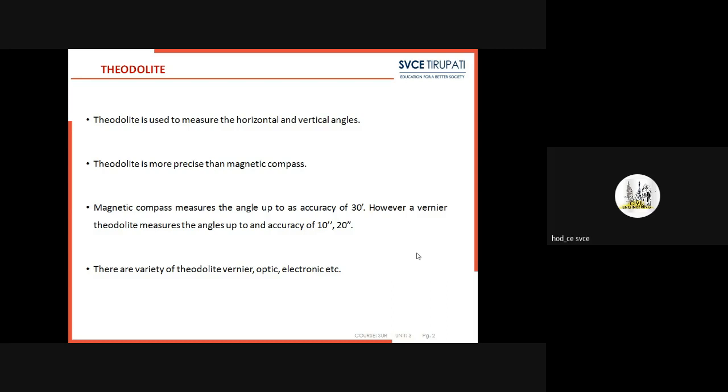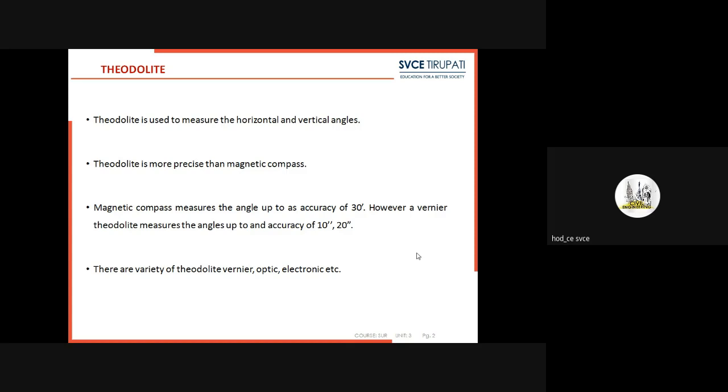Because already we have mentioned that the prismatic compass completely depends upon the surrounding area, right? Not only the surrounding area, it also depends upon the magnetic needle, and its least count is 30 minutes itself, right? Whereas in the theodolite, we select the line of the meridian.